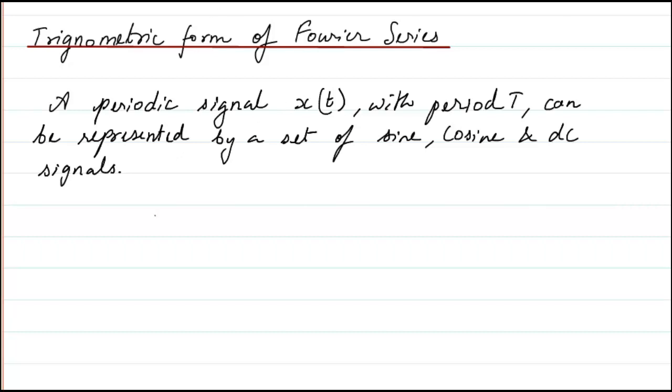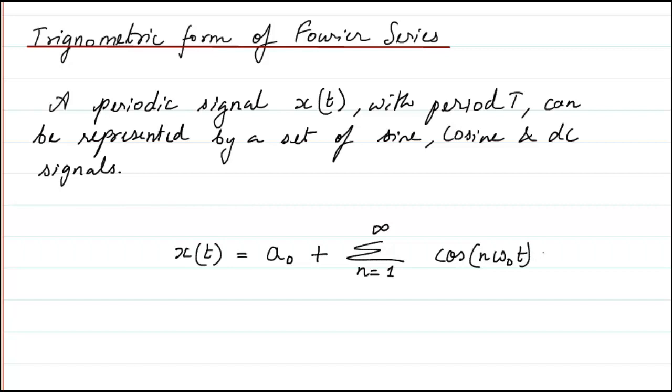Such that you can write the equation of x of t to be a combination of some DC signal A naught plus summation from n is equal to 1 to infinity of cosine of multiples of omega naught t and sinusoidal of multiple frequencies of n omega naught t, each having different amplitude, like cosine having an amplitude of an for each different value of n, and the sinusoidal having an amplitude of bn for each different value of n.